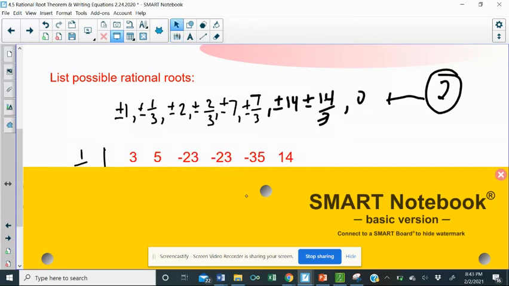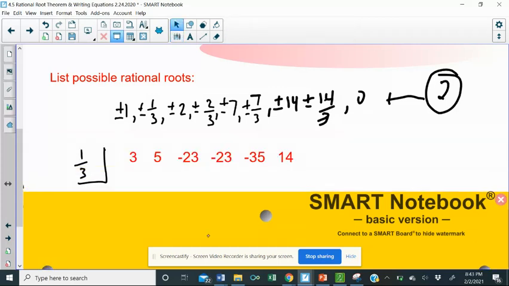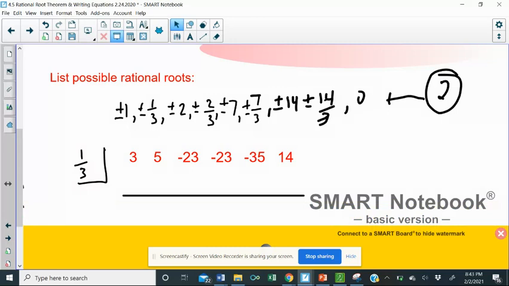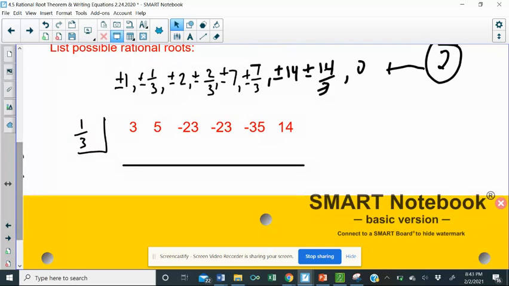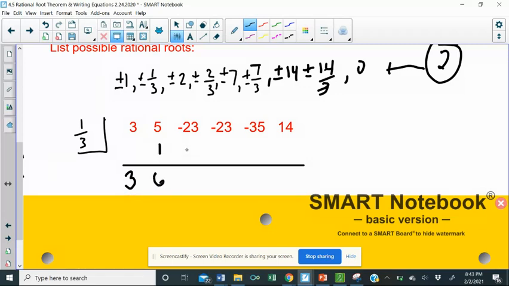All right, so I'm assuming you figured out 1/3 works. All right, so with 1/3, here's our coefficients. We bring down the 3. 3 times 1/3 is 1. We get to 6. Gives me 2. Negative 21 gives me negative 7. Oh, I got 23 written in there twice.